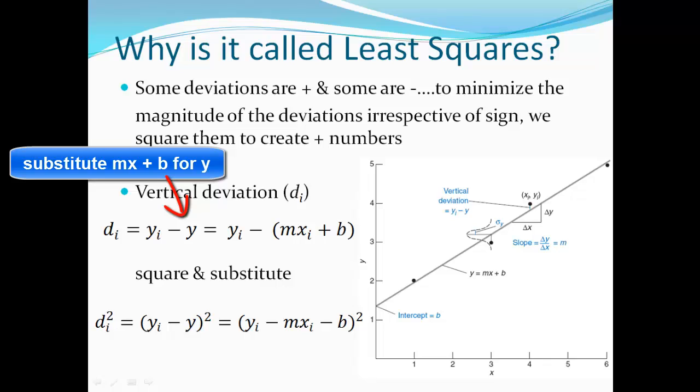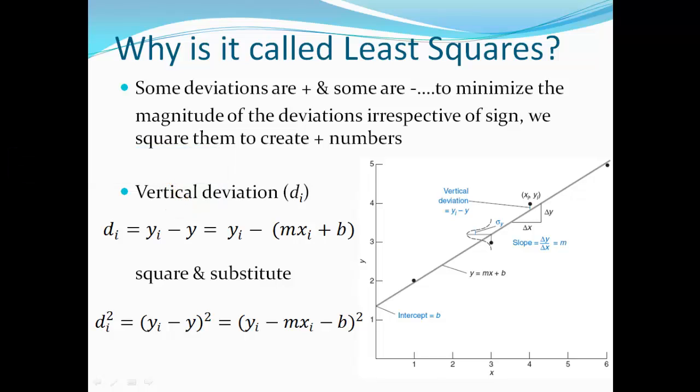To do that, you take the actual point and substitute what y equals. y equals mx plus b, because that's the equation of a line. So you have yi, the vertical position of the point, minus mx plus b, and you square that. So that's what you see down here: yi minus mx minus b, squared.